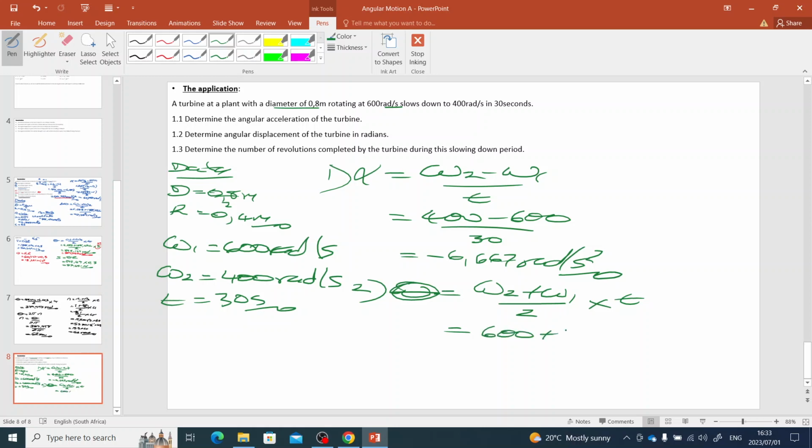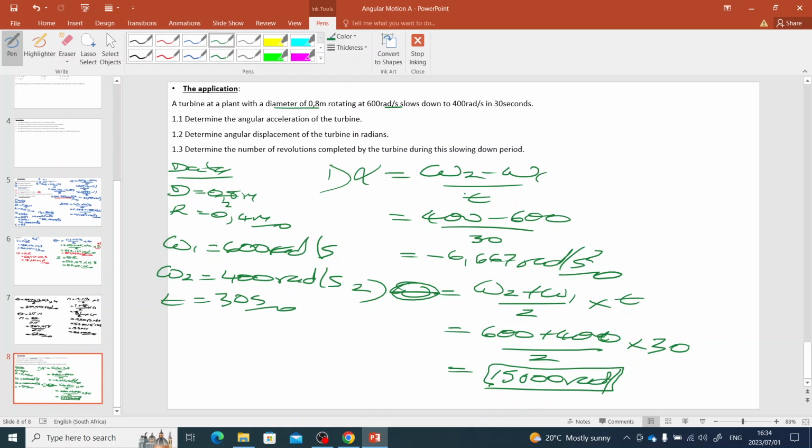We are given 600 plus 400, that would be 1,000, divide by 2, multiply by 30, then we get our angular displacement as 15,000 rad. That's what we got there as our answer. Determine the angular displacement of the turbine in radians. That's what we did there.